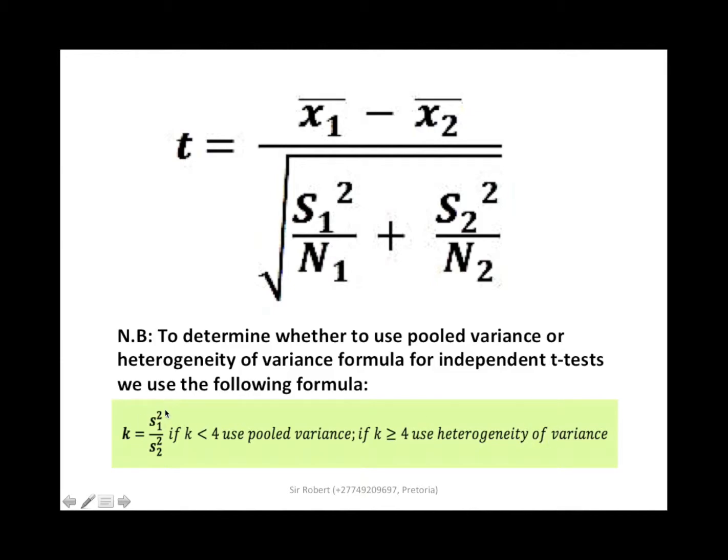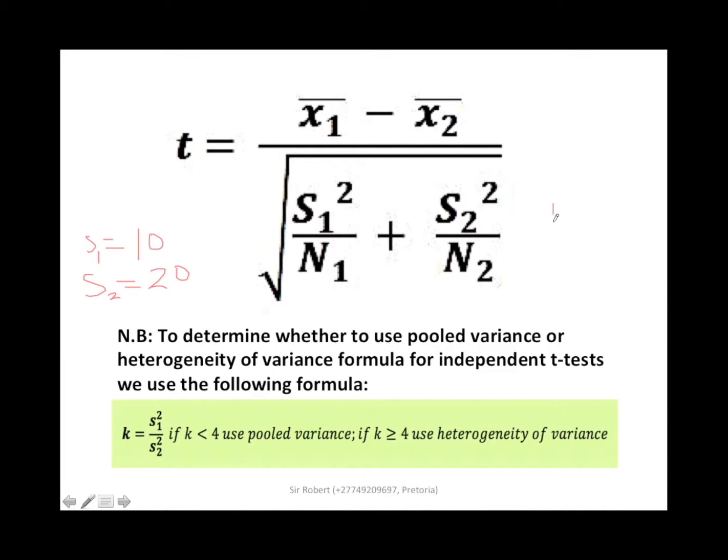So now for this one, you should put the bigger one on top so that you don't get a fraction. Let's say sample 1, S1 is 10 and S2 is 20.